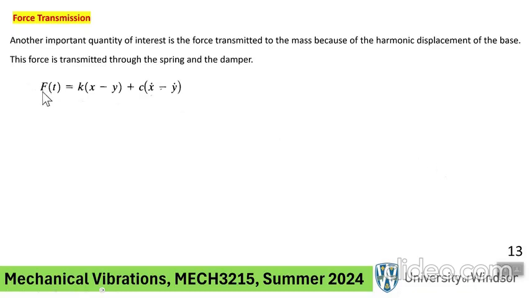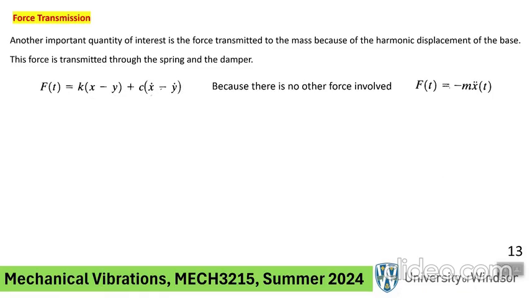Now, the only force that's transmitted to the mass is coming from the spring and the damper. And the magnitude of the force from the spring is simply the stiffness of the spring times the amount of stretching or compression, so x minus y, or relative displacement. Okay? And the force coming from the damper is the relative velocity, x dot minus y dot, times the damping coefficient. Now, the only other force is the inertial force, which is minus m x double dot.